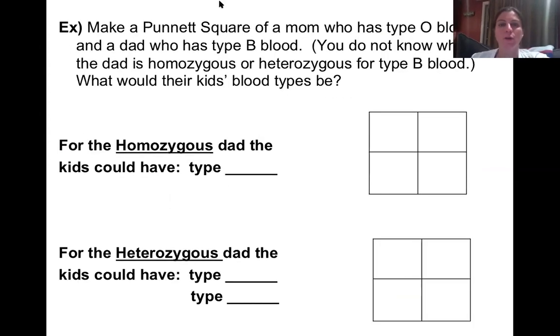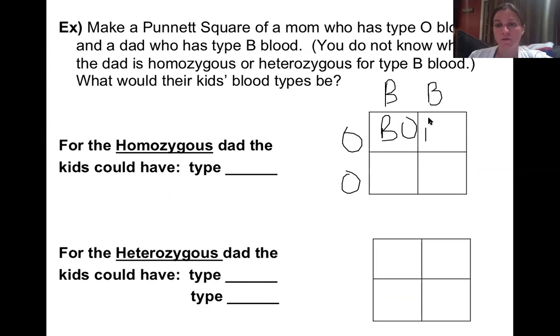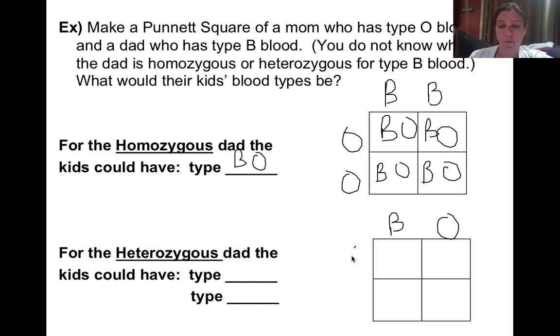Okay, here we go. So dad now is B blood, so we don't know if he's BB or BO. So once again, if it's homozygous, dad is going to be big B, big B. So once again, all combinations of the child are going to be BO, and then dad being heterozygous is going to be BO.